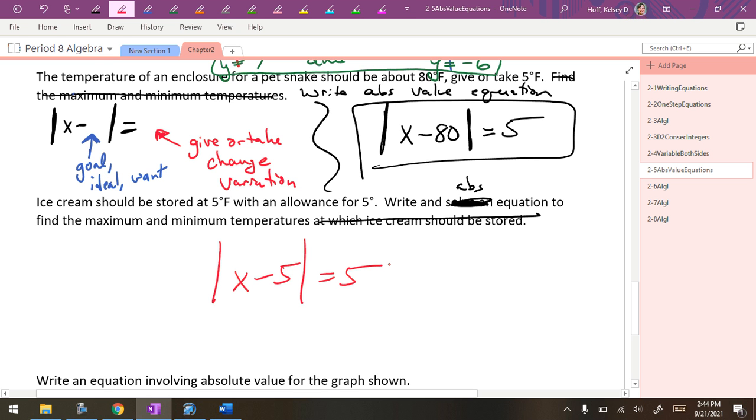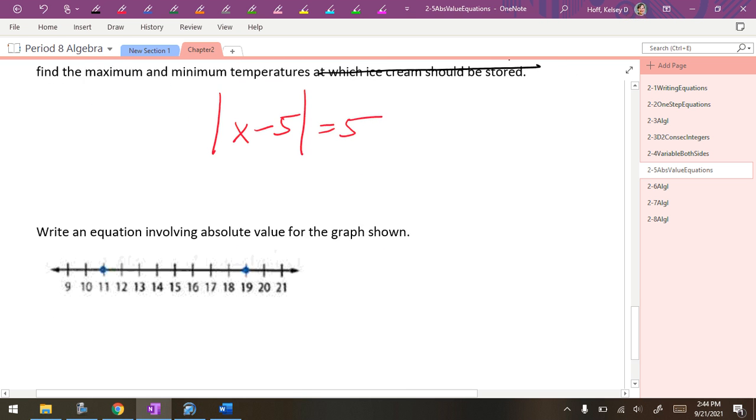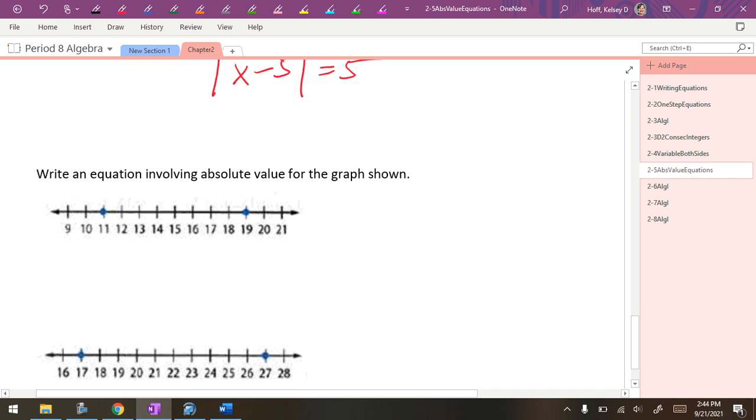All right, the other piece of what we're going to do today is they're going to give us graphs of absolute value answers and ask us to write the equation that would have resulted in this. Okay? So I'm telling you some absolute value equation was written and the answer is 11 and the answer is 19. So again, our answers are going to be the absolute value of x minus, equals.